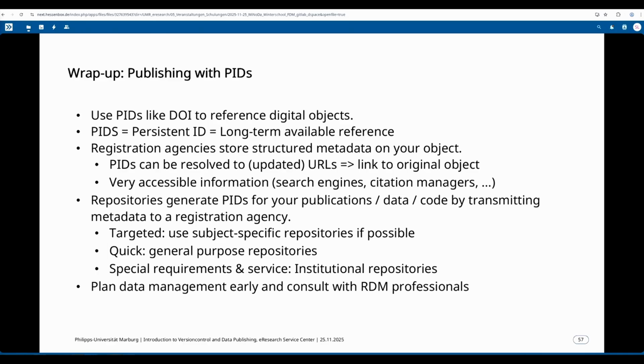Use subject-specific repositories if available. If you don't have specific requirements, you can use general purpose repositories. But if you have special requirements or want to benefit from institutional services, there should be institutional repositories as well for your publications of data or whatever you have to publish.